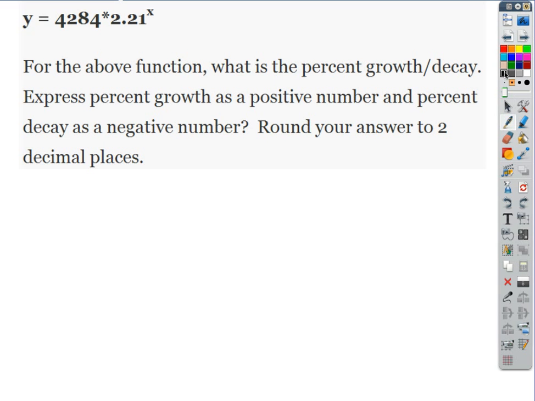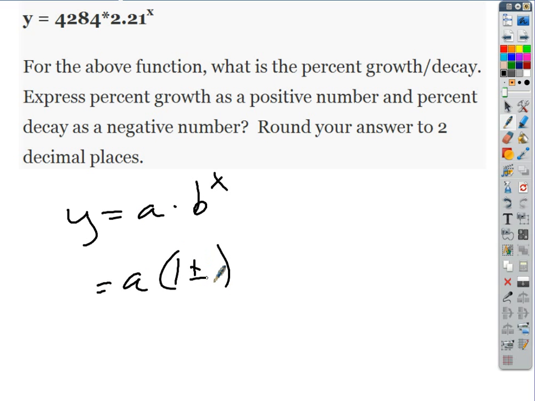For percent change, we have to rewrite that as a times 1 plus or minus r to the x, where r is the growth rate, written as a decimal. There's the growth rate as a decimal.